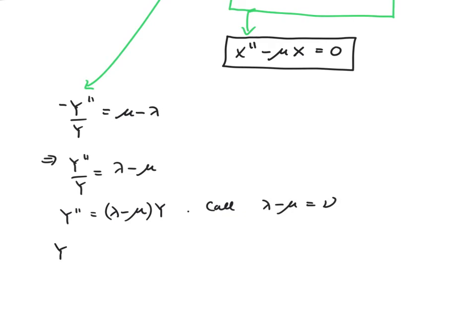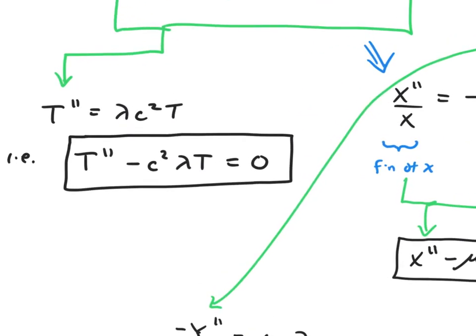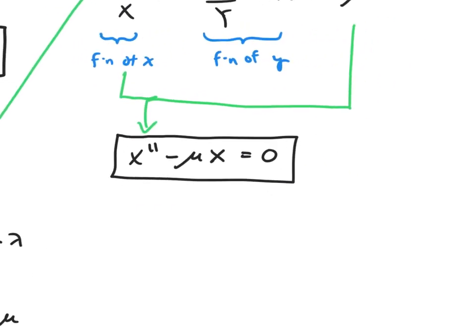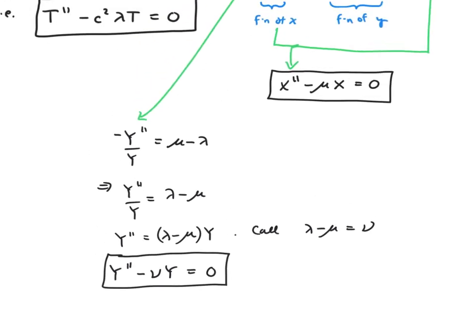And if I write that as such, I get Y double prime minus nu Y equals 0. A third differential equation. All right, so there's the first one in T, there's the second one in X, and the third one in Y.